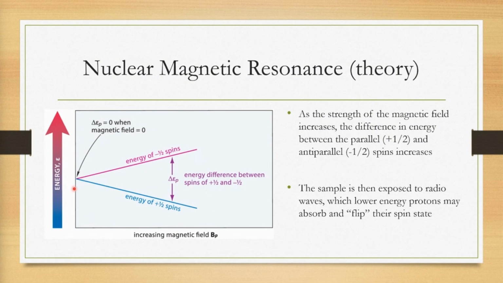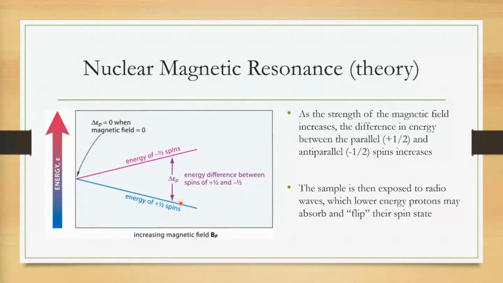If the magnetic field is 0, the two energy states are equal to each other in energy. So with a strong magnet, we can increase the difference in energy between anti-parallel spins and parallel spins. So that means you have some nuclei that are existing at this lower energy state with parallel spins, and some that are existing or can exist at this higher energy anti-parallel state.